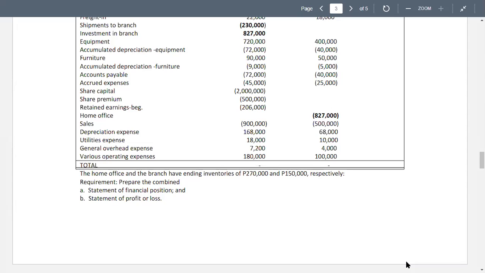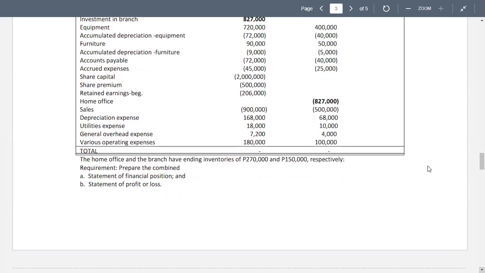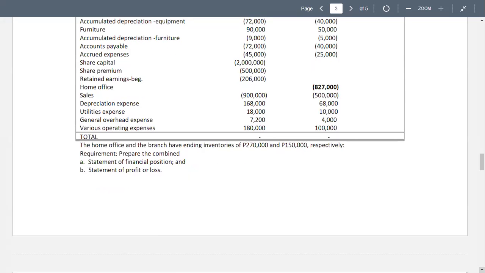Now required, prepare the combined statement of financial position and the combined statement of profit or loss. So we have now your combined statements as required in our requirements listed.